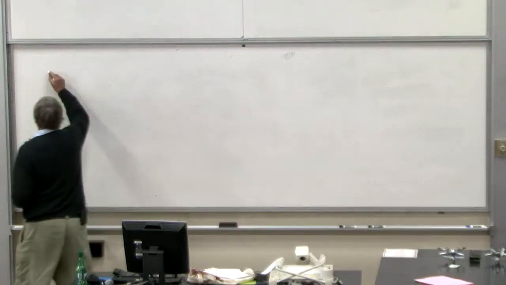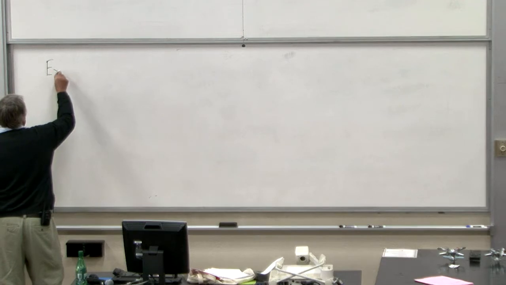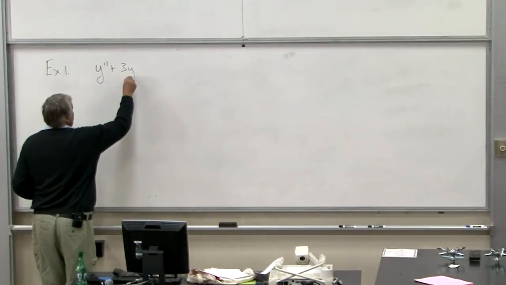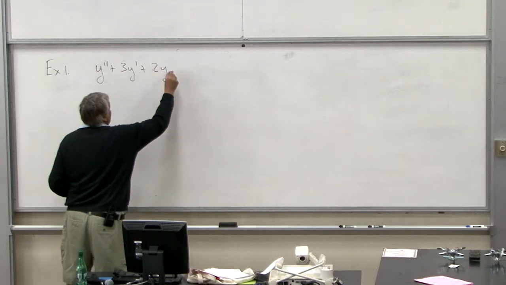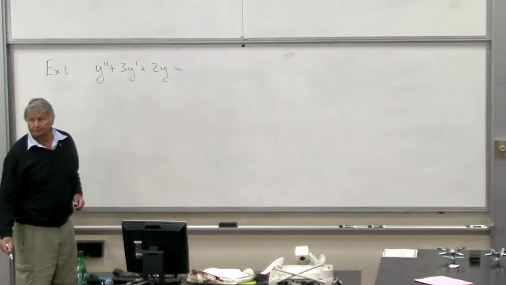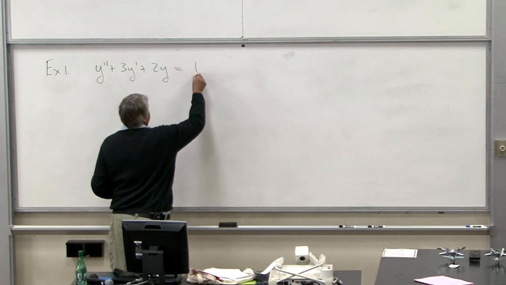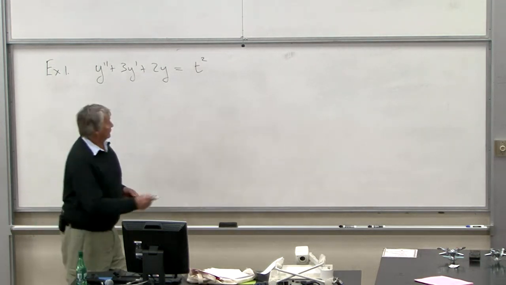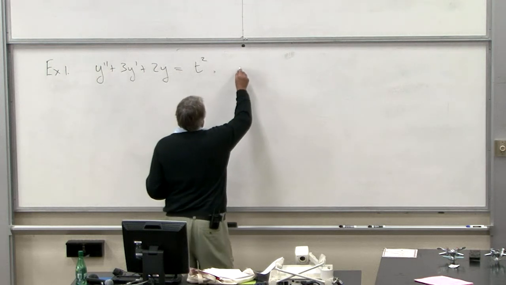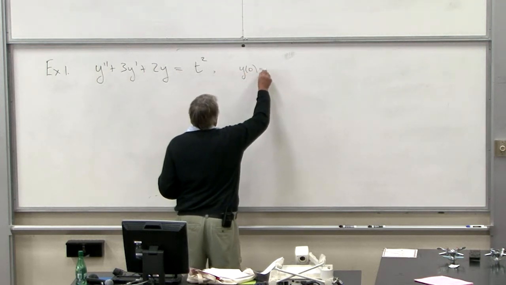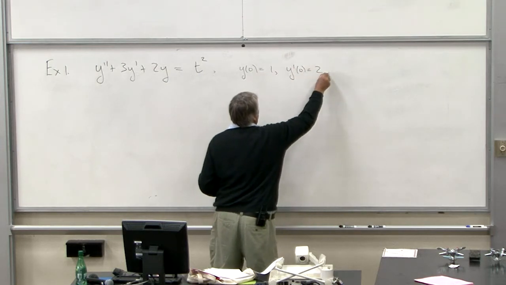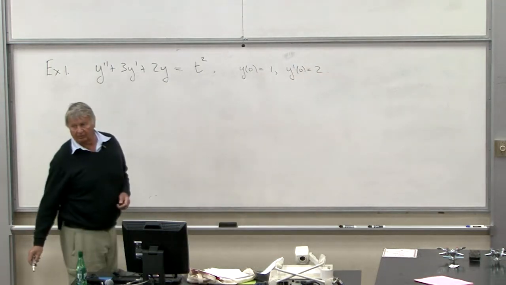Okay, example 1. y double prime plus 3y prime plus 2y equals t squared. And we'll take y of 0 equals 1, y prime of 0 equals 2. We want to solve that problem.